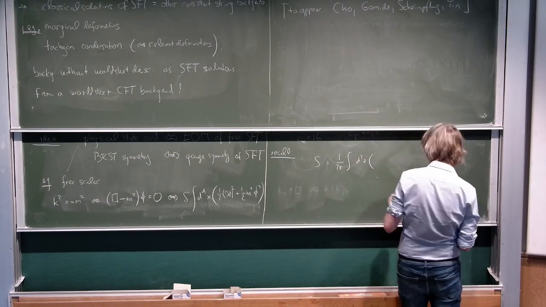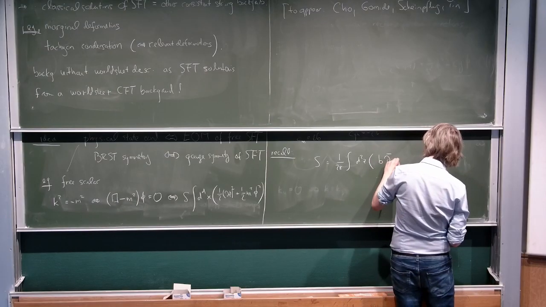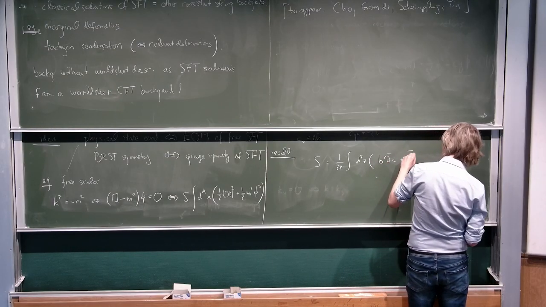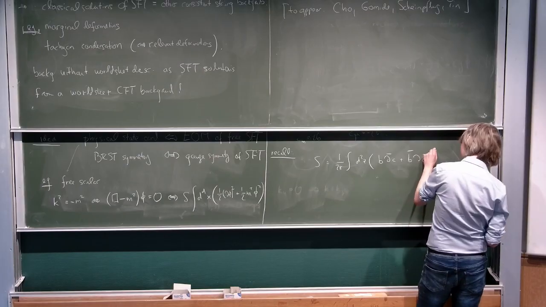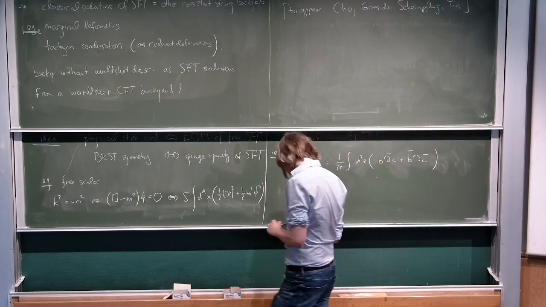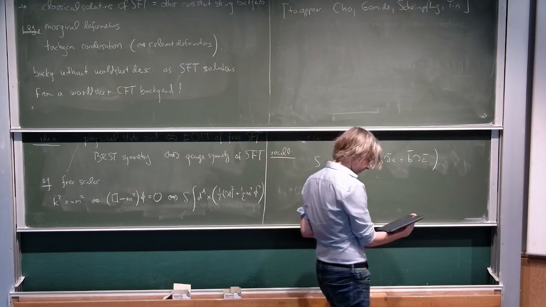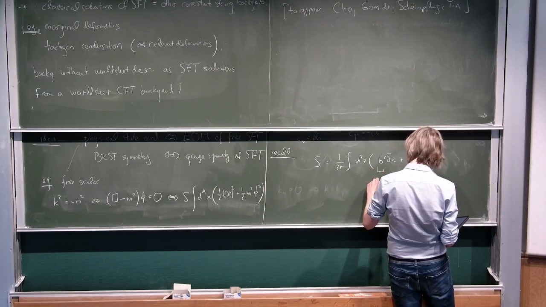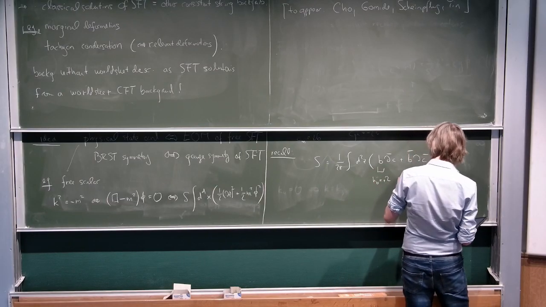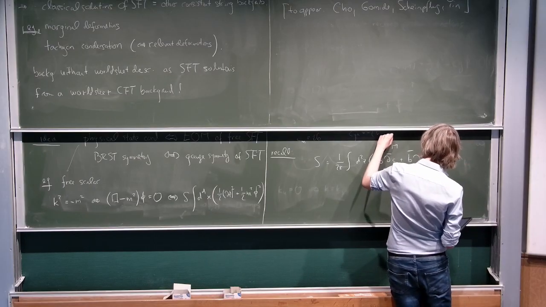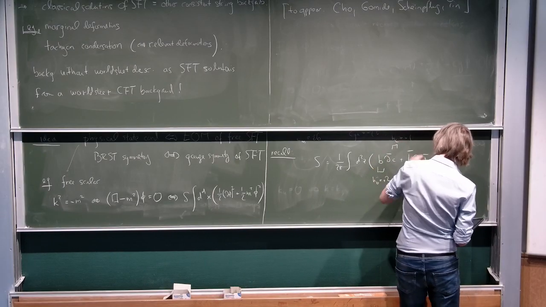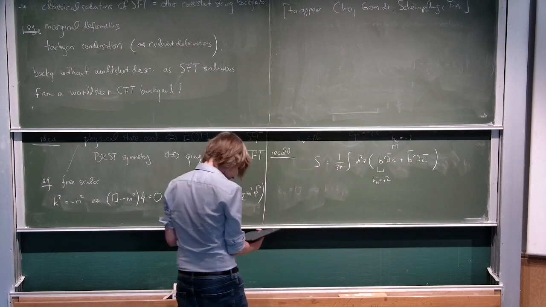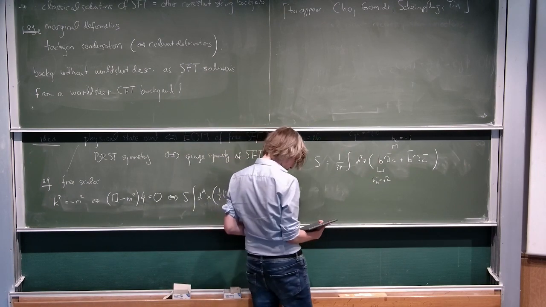The action is as follows: b ∂̄c plus b̄ ∂c̄, where b and c are fermionic fields with scaling dimensions 2 for b and scaling dimension -1 for c. And as I was saying, these are Grassmann odd.